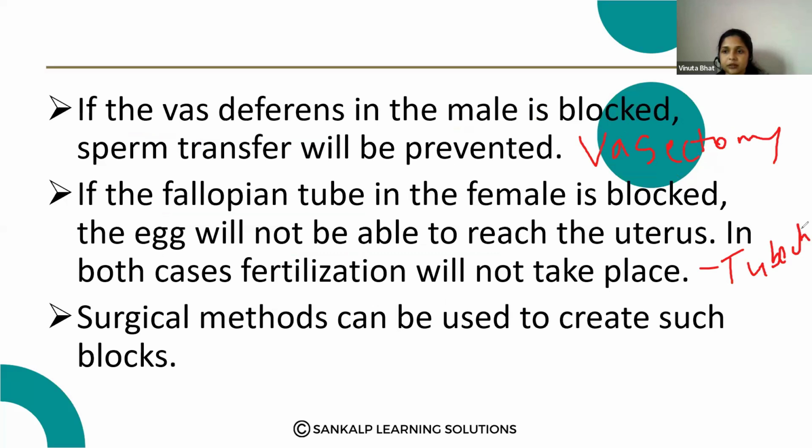This word is not given in your book, but the fallopian tube is cut and tied, so egg transfer will not take place and there is no fertilization, which prevents pregnancy. That is tubectomy, and the other one is vasectomy. Surgical methods can be used to create such blocks. So these are the two surgical methods used to prevent pregnancy.